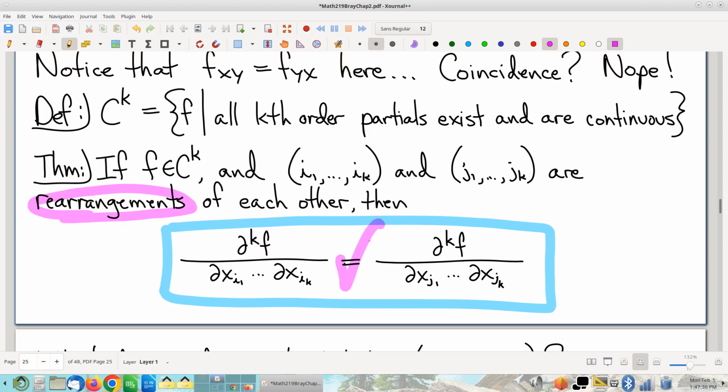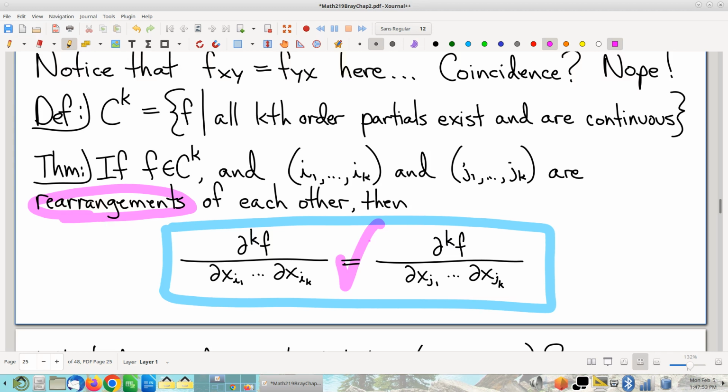And this works, asterisk, under certain conditions. This works no matter how many partials you're taking. As long as you're just rearranging the partials, but you're still doing all the same partials, then do them in whatever order you want. Doesn't matter.